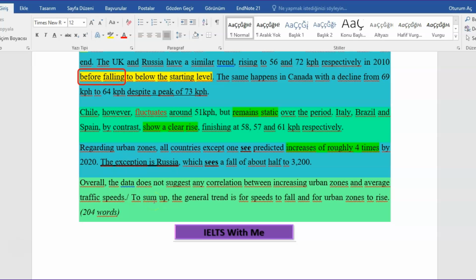Both of them can be possible, but pay attention that in your exam you have to write just one of them, okay? Not both of them. I'm just explaining that here.